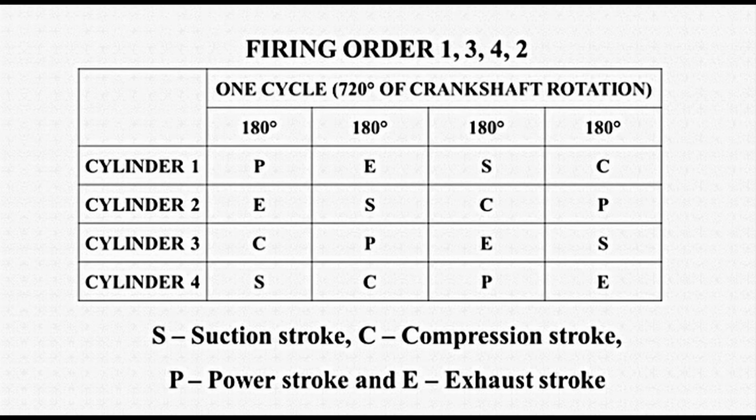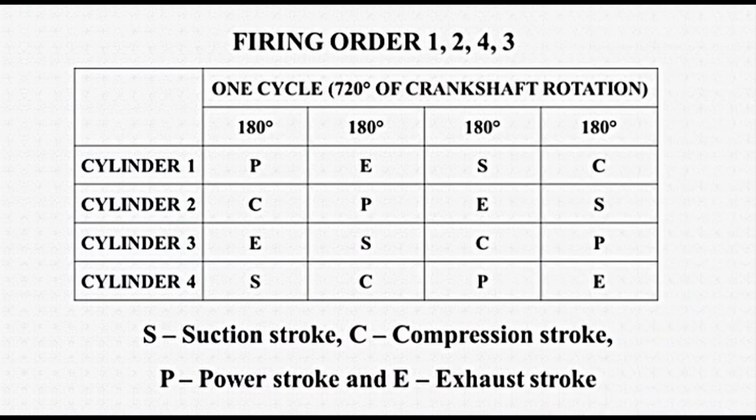In the last 180 degrees of crankshaft rotation, the power stroke occurs in cylinder number 2. Accordingly, we have the firing order 1, 3, 4, 2 as mentioned. In case of a diesel engine, it is ignition of fuel just before the power stroke.